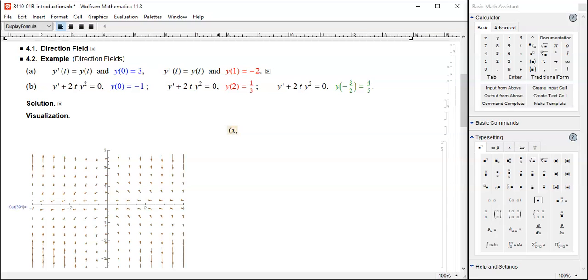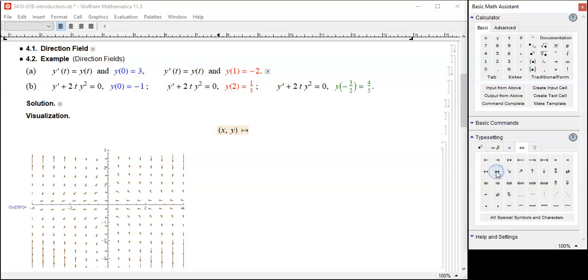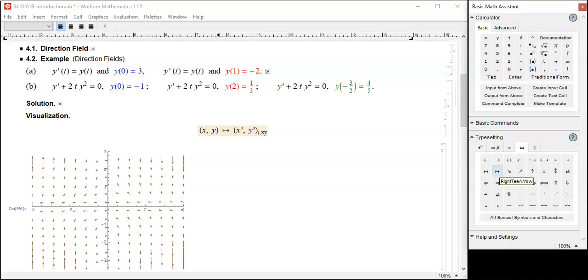So point x comma y, we assign that to x prime, y prime, starting at the point x comma y, and that's a vector.